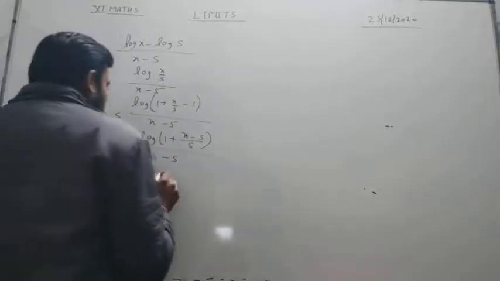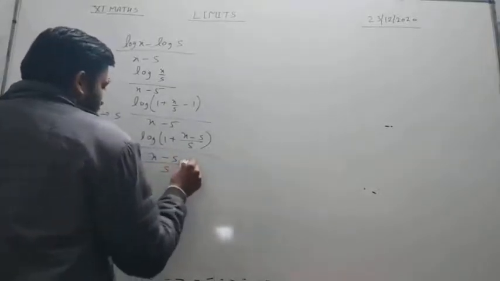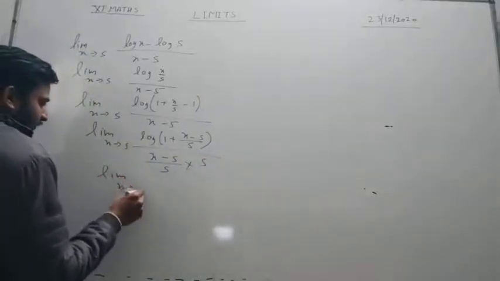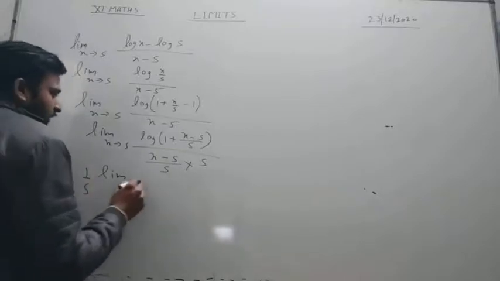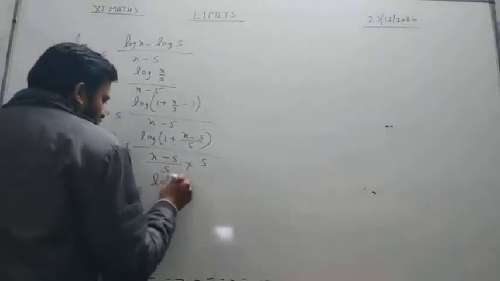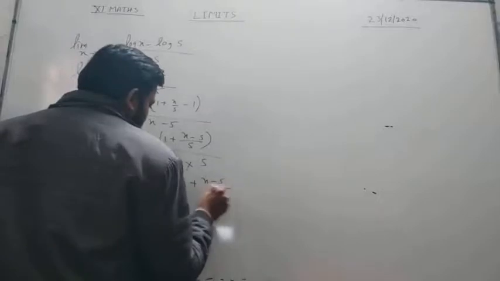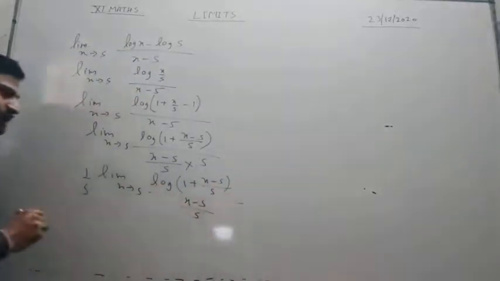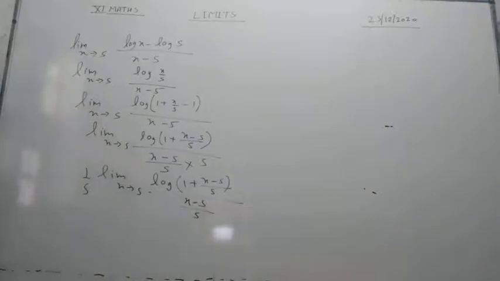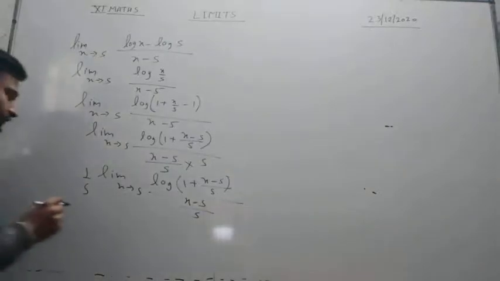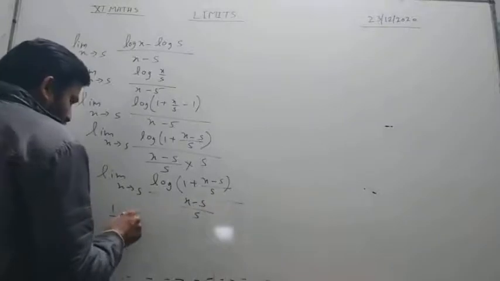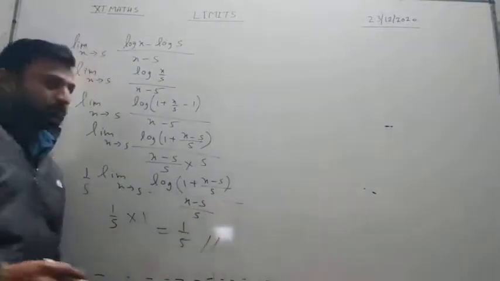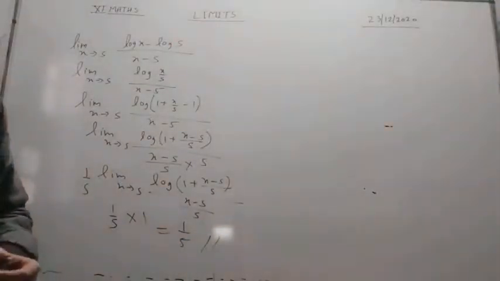Okay, and we are dividing this by 5 and multiplying with this 5. So limit x tends to 5, we can take 1 by 5 and log(1 + (x minus 5)/5) by (x minus 5)/5. Okay student, so this is 1 by 5 into 1, which is equal to 1 by 5. So this will be our answer student.